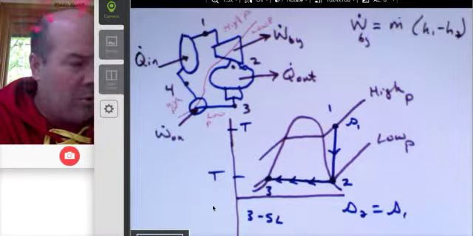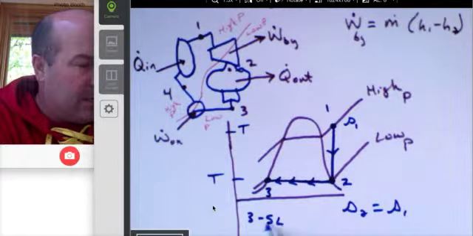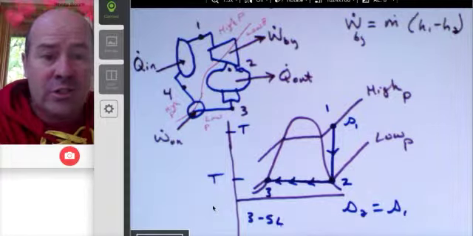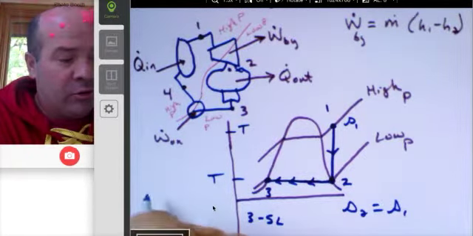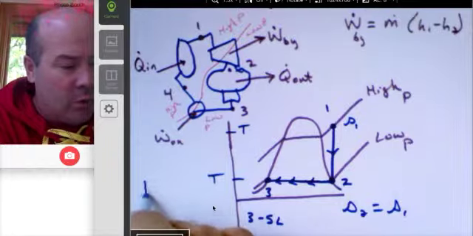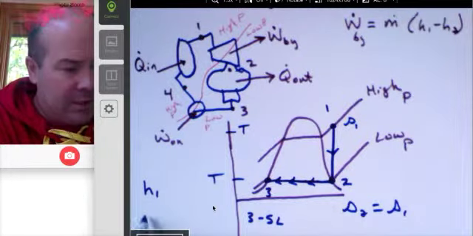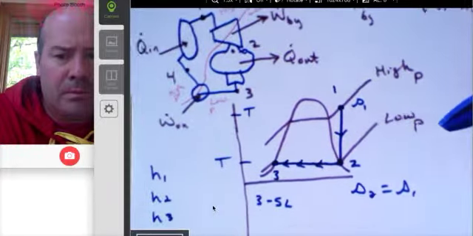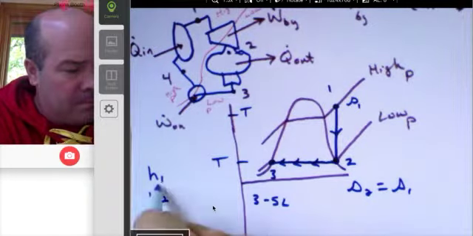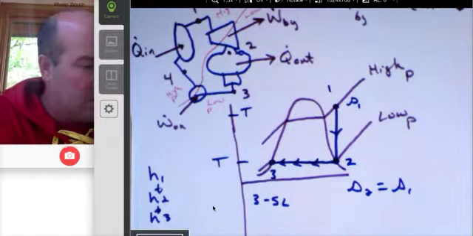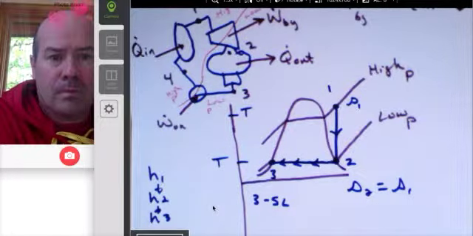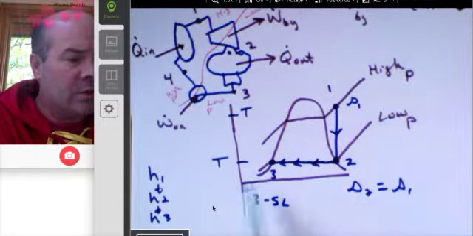I see that that was below my line, and point 3 is a saturated liquid. Again, the energy is lower. So if we were to start ranking these, H1 would be high, H2 would be lower, H3 would be lower still. Okay, that's the condenser. The purpose is to decrease the entropy.